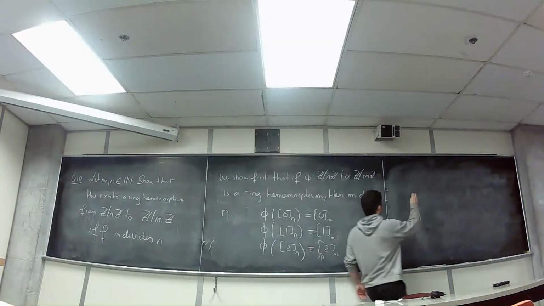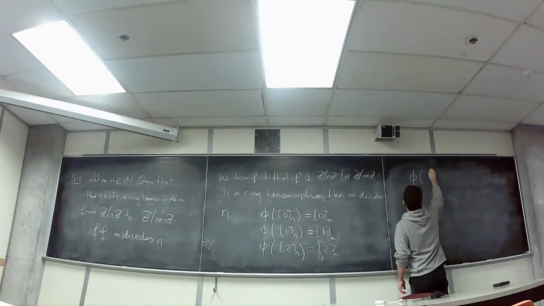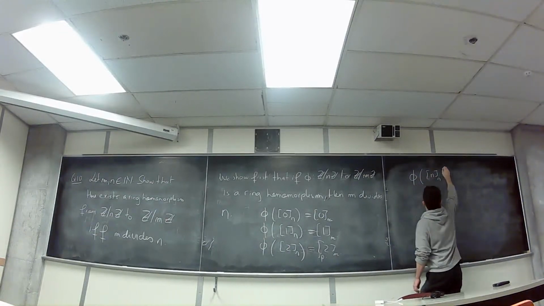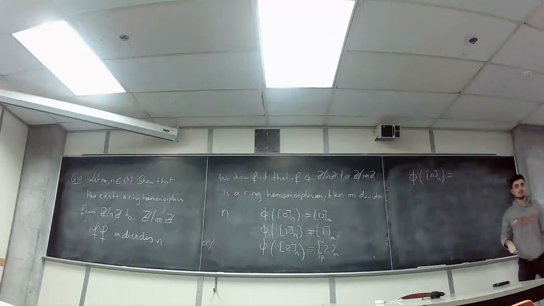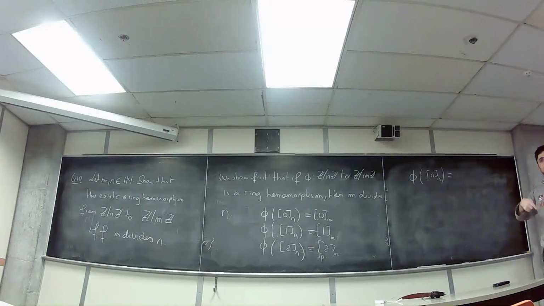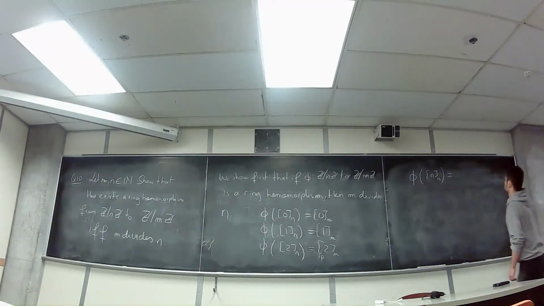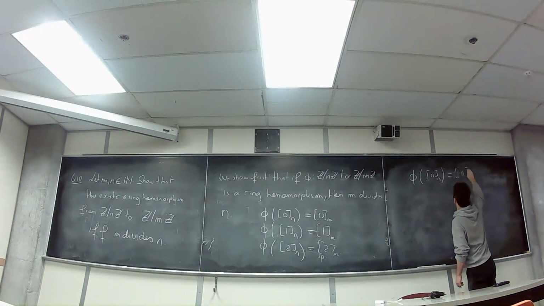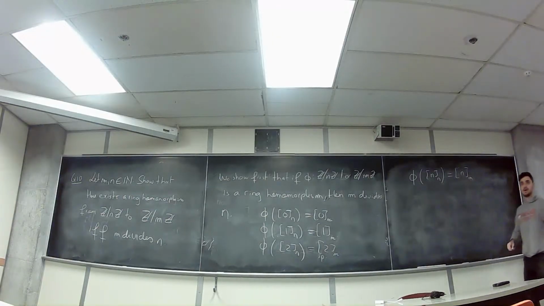Now, what is phi of m mod m? 1 plus 1 plus 1 plus 1, m times, should be equal to 1 plus 1 plus 1 plus 1 mod n, m times. Agree or not? So far, so good. Don't hesitate to ask.